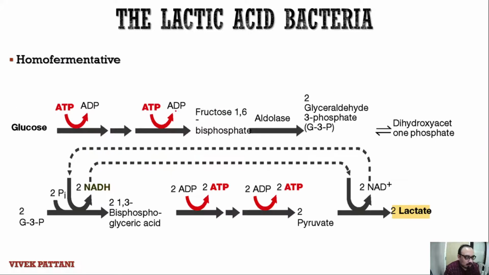Now moving on to the process of homo and heterofermentative bacteria. As I told you, in homofermentative bacteria the main product will be lactate. There are also other products, but almost 85 to 90% of the product will be lactate, not 100%.